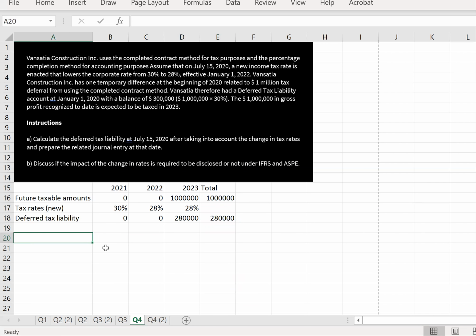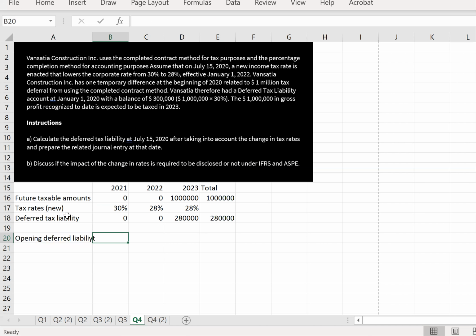So would I record my journal entry then for 280? No, I wouldn't, because don't forget right here, it says we already have a deferred tax liability at January 1st, 2020 with a balance of $300,000 because the tax rate was 30% and it just changed to 28%. So basically I need to calculate my opening deferred tax liability.